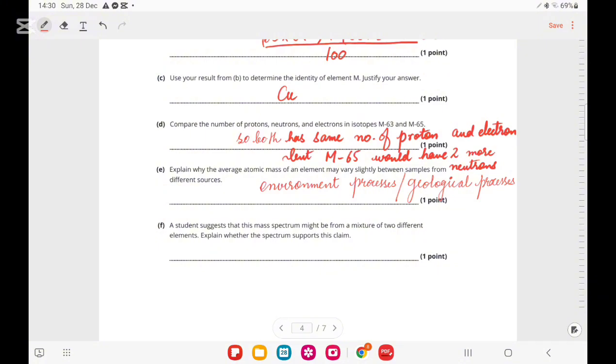Basically, there is no evidence of additional elements or unusual mass differences.